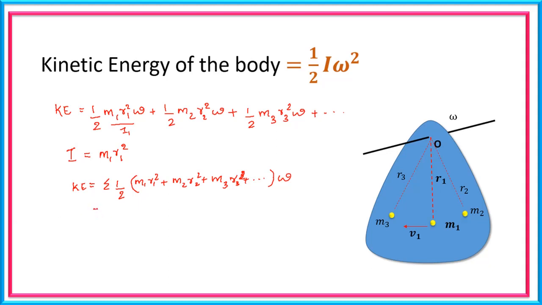Here, the moment of inertia of all the masses m1, m2, m3 about the point O is certainly the moment of inertia of the entire body about this point O. Therefore, instead of writing this term, I can write half into the moment of inertia of the entire body about the point O through this axis into omega square. Therefore, the rotational kinetic energy of a rigid body is written as half I omega square.